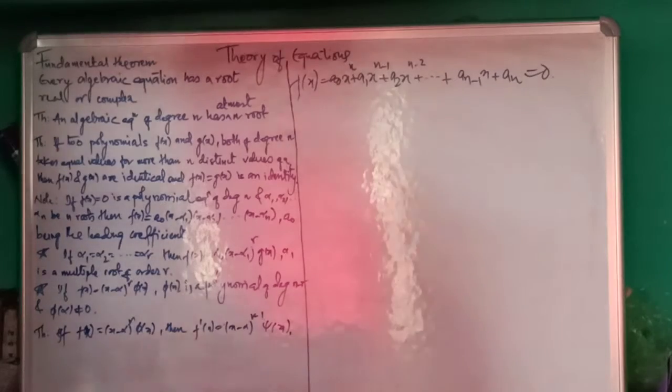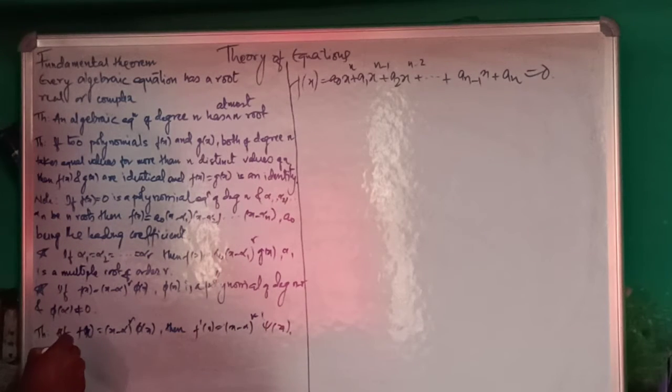Similarly, from here you can also write the result that alpha is a multiple root of order r minus 2 of f double dash of x equals 0.